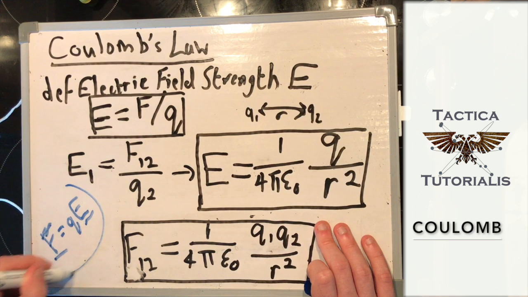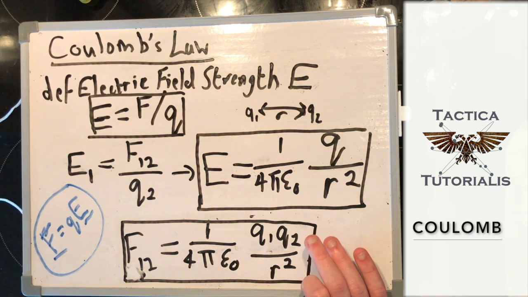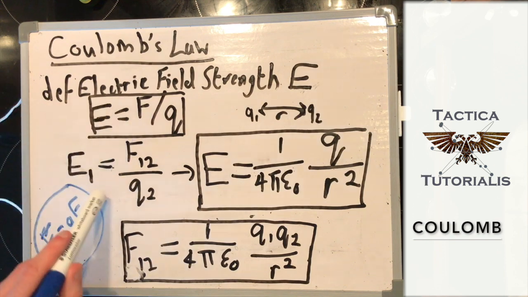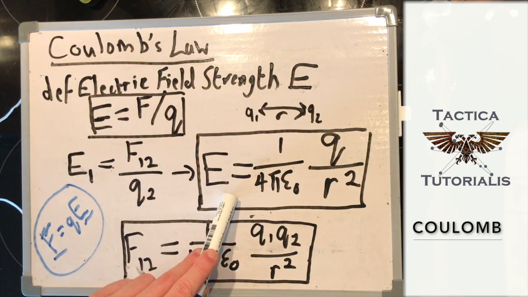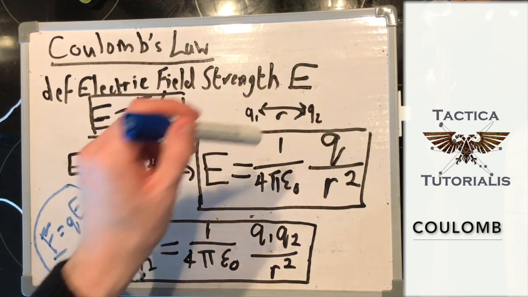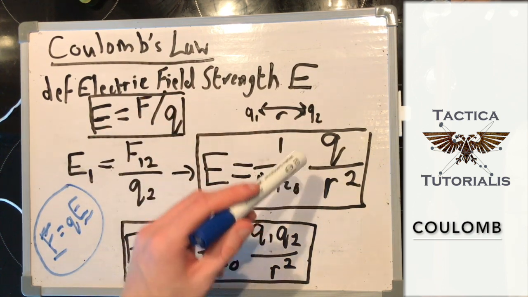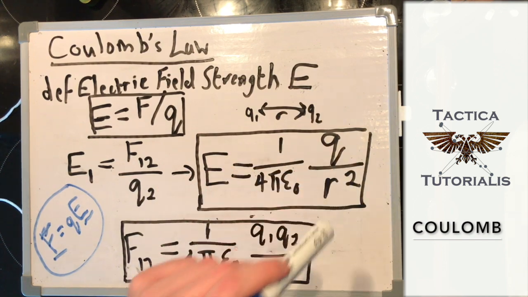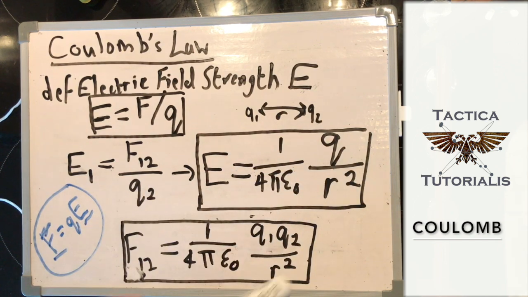In fact, I've certainly used that before in the Lorentz force law in one of my old videos. So F equals QE rearranged gives you E equals F over Q. You plug that in and your general formula is the electric field strength for a given charge is 1 over 4 pi epsilon naught times the value of that charge divided by the square of the distance between the two charges in the first place.